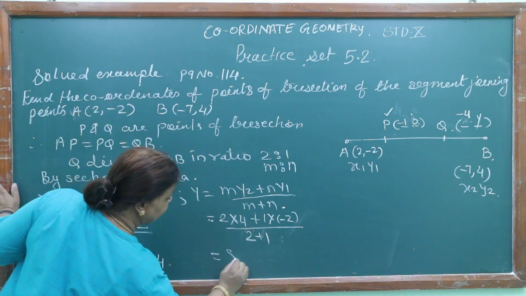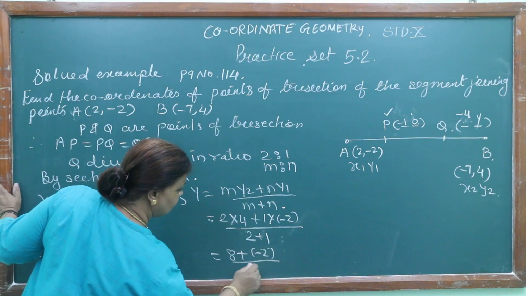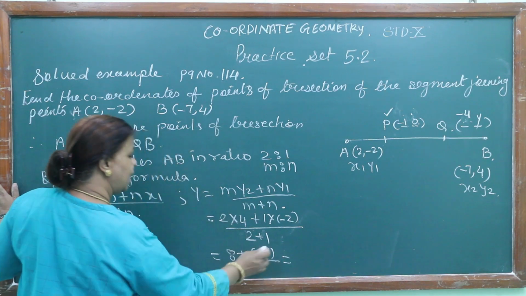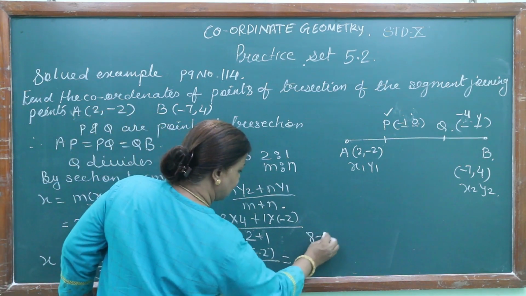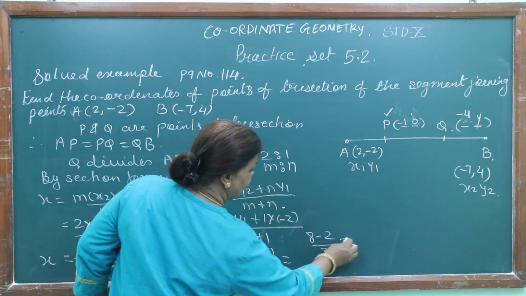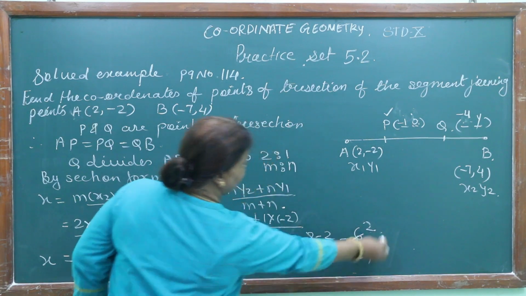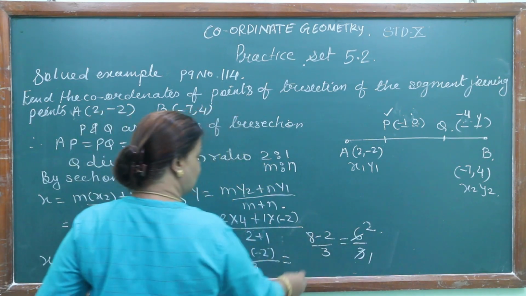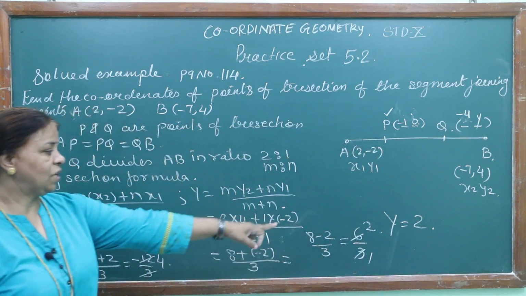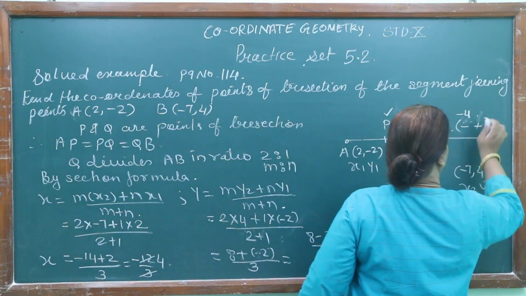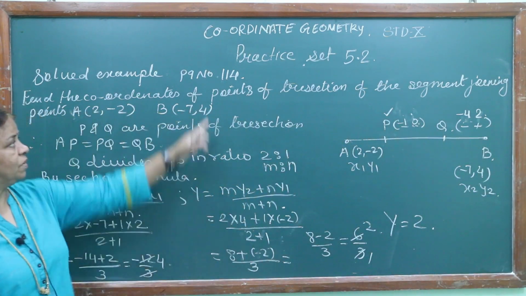So we get 2 4s are 8 plus -2 upon 3. 8 minus 2, plus and minus will become minus. So 8 minus 2 upon 3, and 8 minus 2 is 6 upon 3. 3 2s are 6. So the y coordinate we got here, children, is 2. You can see, the y coordinate we got here is 2. So this was the example, page number 114.